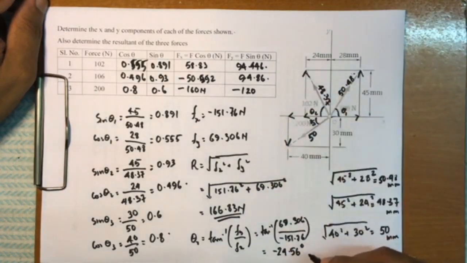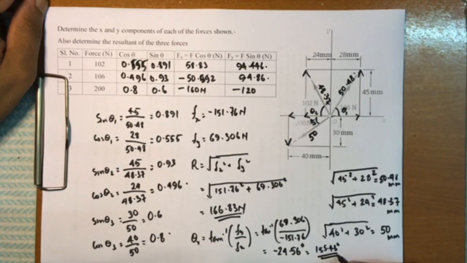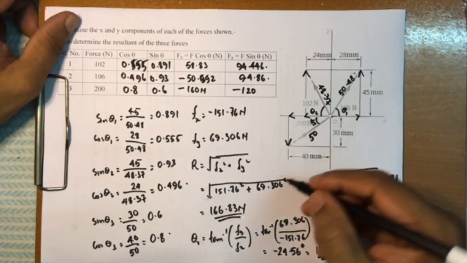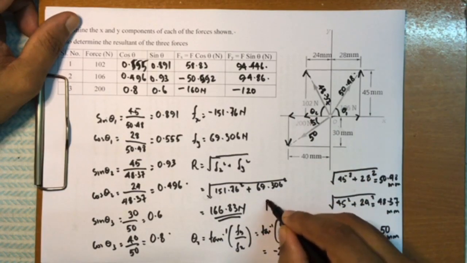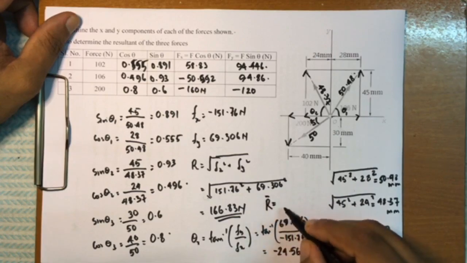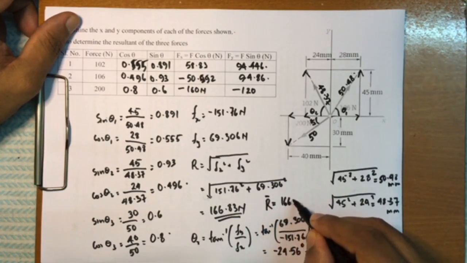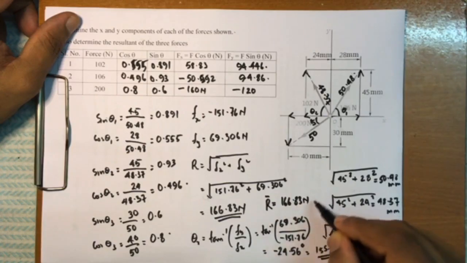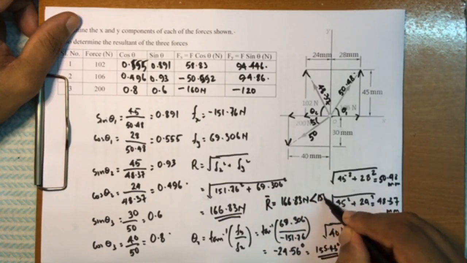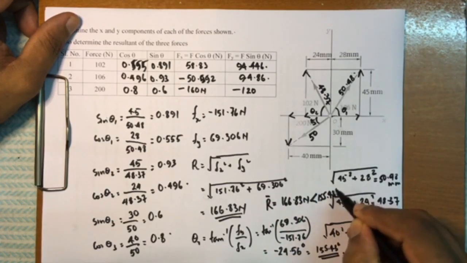So the actual angle would be 155.43 degrees. So when you represent the resultant, the R force would be represented as 166.83 Newton acting at an angle of 155.43 degrees.